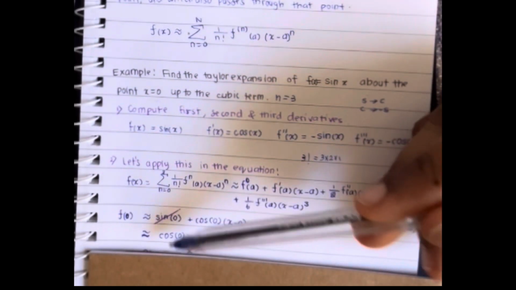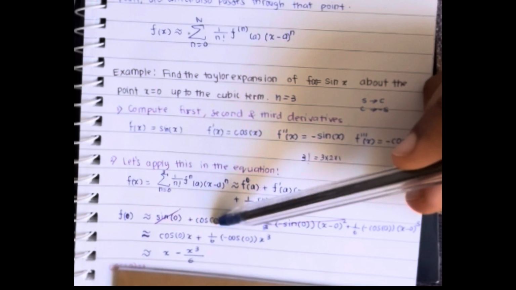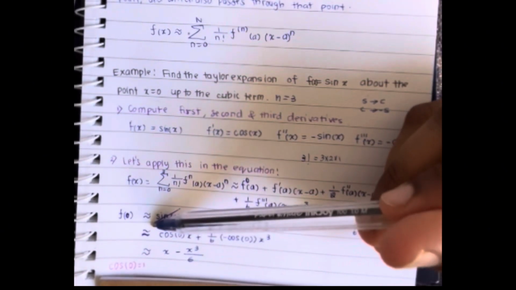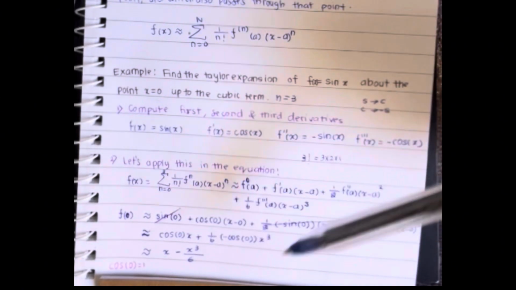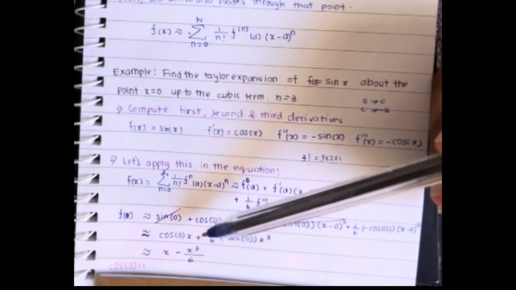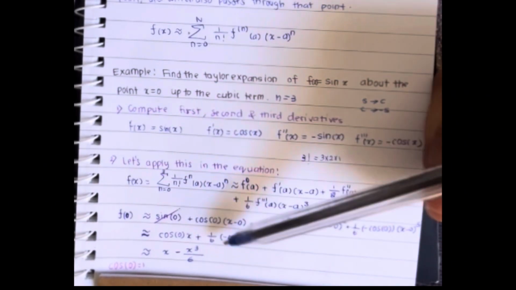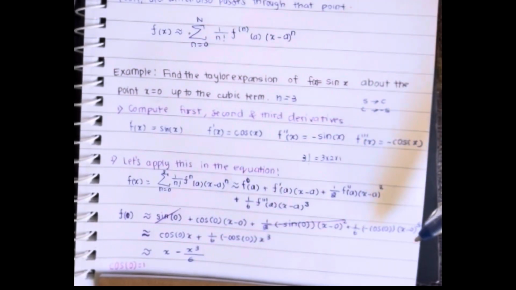So we know that sine of 0 is 0 and cos of 0 is 1. So we can cancel the sine 0 expressions. Then we finally end up with cos of 0 times x plus 1 over 6 times negative cos 0 times x to the power of 3.